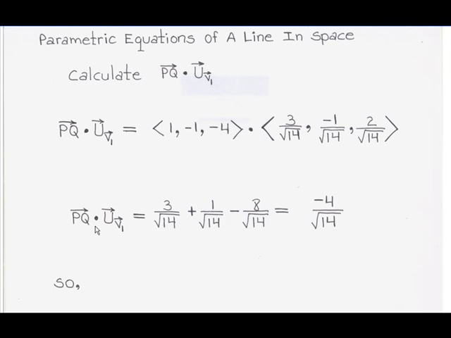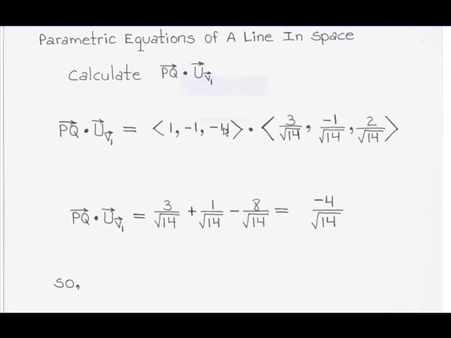So the dot product of vector PQ with the unit vector of vector V1 is equal to, we simply multiply each corresponding coordinate and add. So 1 times 3 over the square root of 14. Now we get negative 1 times negative 1 over the square root of 14. Well, first, negative times negative is positive. So that becomes plus 1 over the square root of 14.